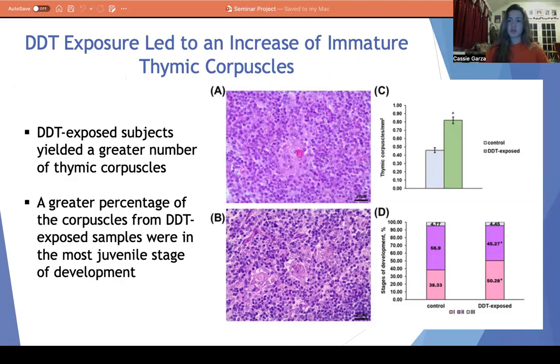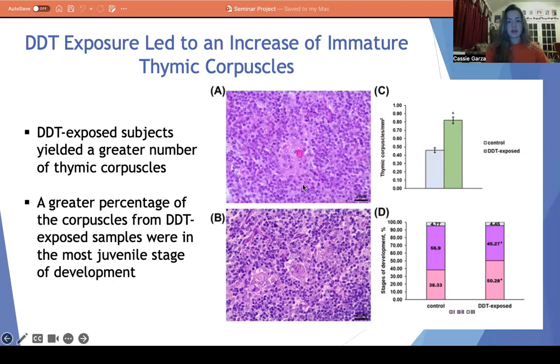This research was really looking into thymic involution, which is just the shrinking of the thymus that normally occurs with age. But this particular part of the experiment is really just looking at the thymic corpuscles and what changes DDT caused.